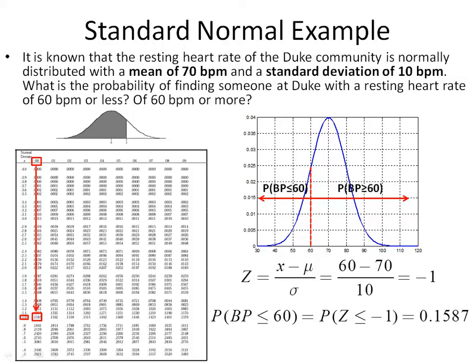Now to find the probability of finding somebody with a resting heart rate of 60 beats per minute or more, we would just do 1 minus that value, since the area under the curve always sums up to 1. In that case, it's 1 minus 0.1587, which comes out to 0.8413. So you have an 84% chance of finding somebody with a resting heart rate of 60 beats per minute or more.